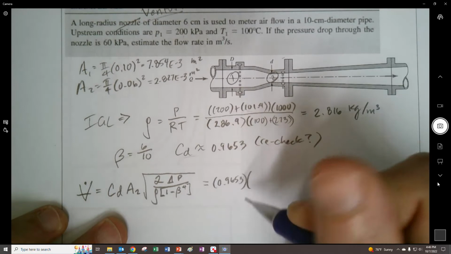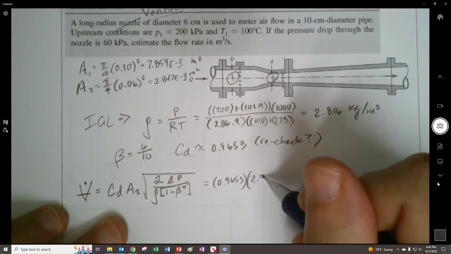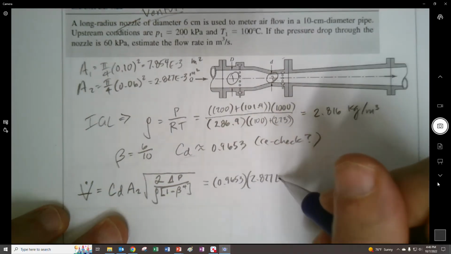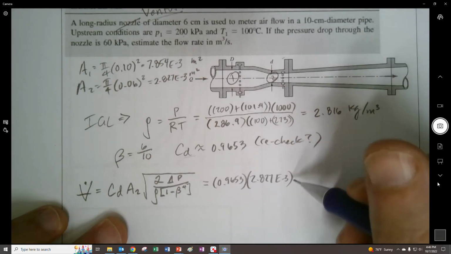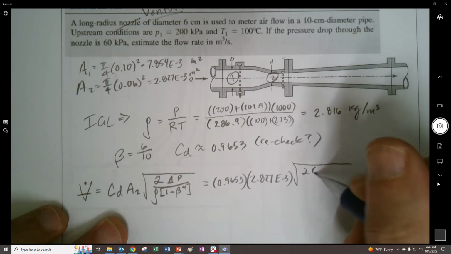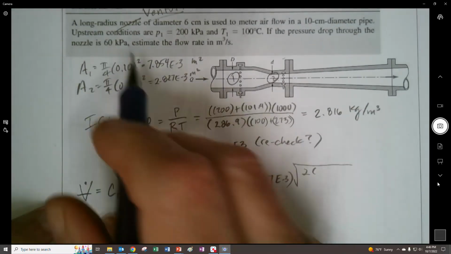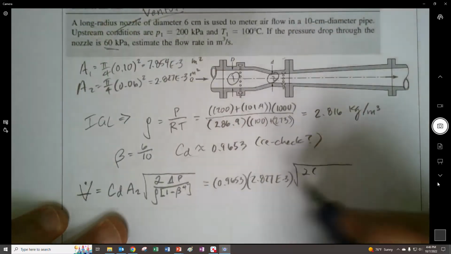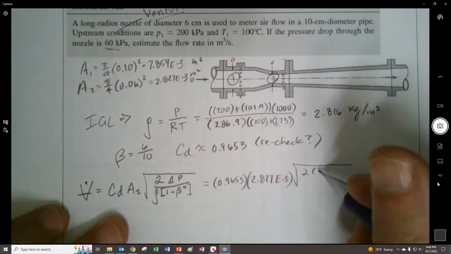0.9653. And we have our area up here, 2.827E-3, and the square root of 2 times the change in pressure, which is, remember, 60 kPa. But if we're going to keep our units correct, let's go to base units.